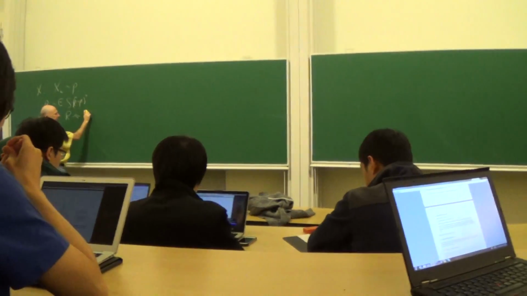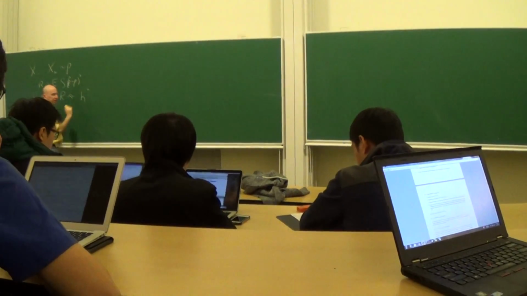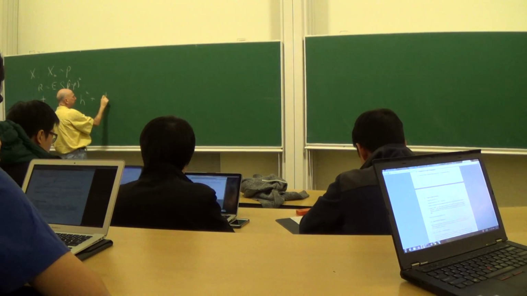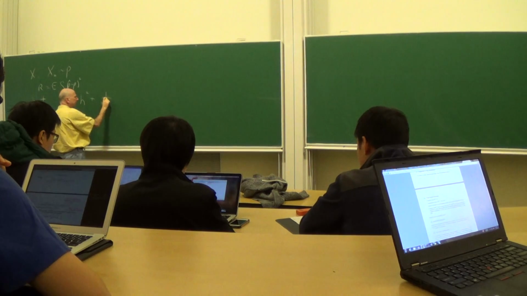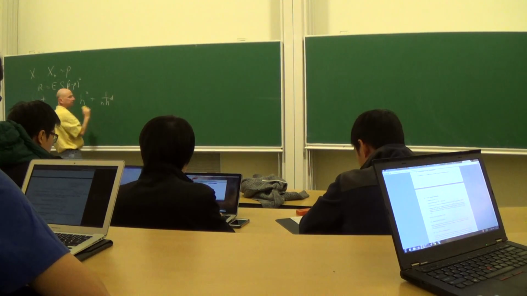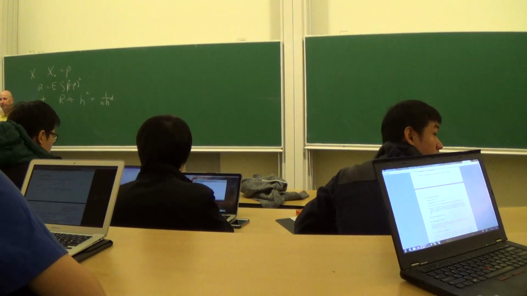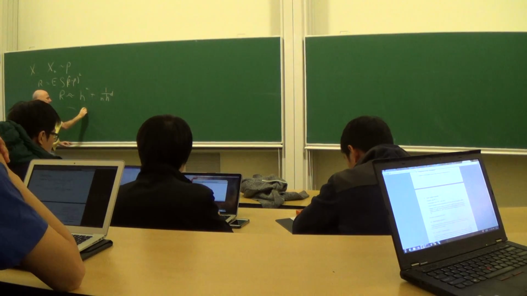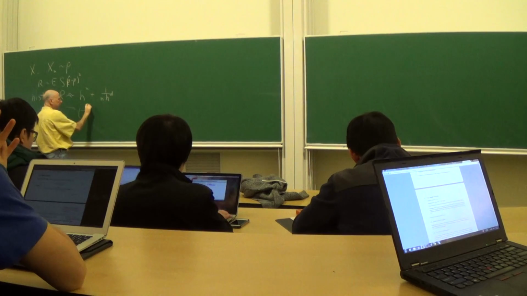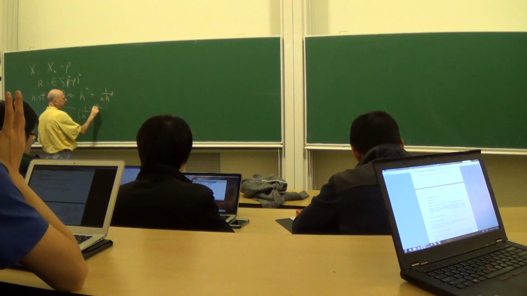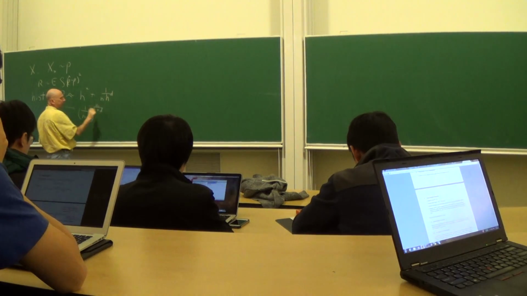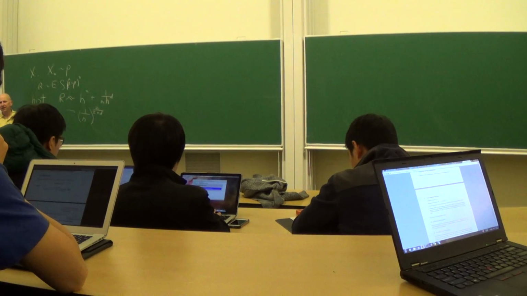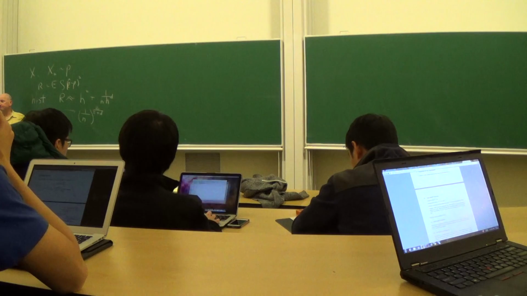Bias squared was order h squared, and the variance was of order 1 over nh to the d. Minimizing over h gave us something of order 1 over n. Correct me if I'm wrong, that's my memory here. And that was the histogram analysis, right?